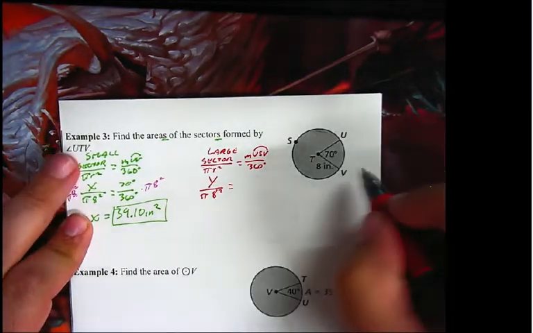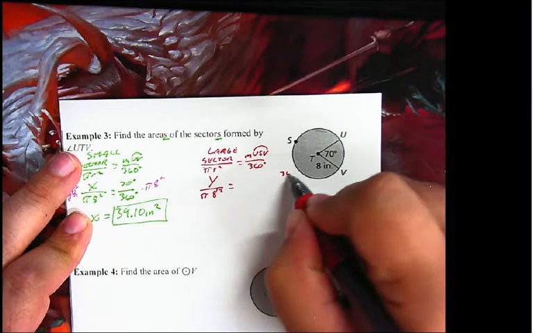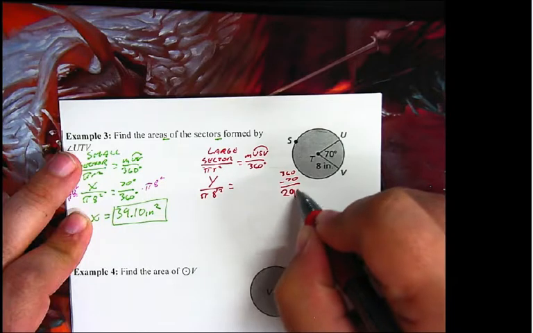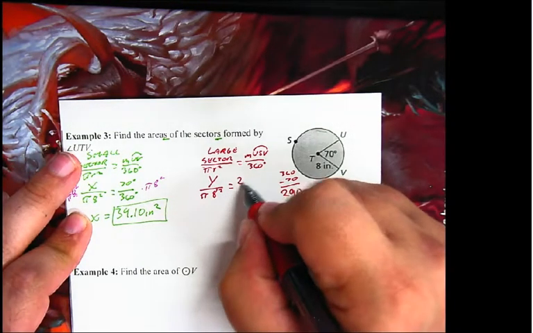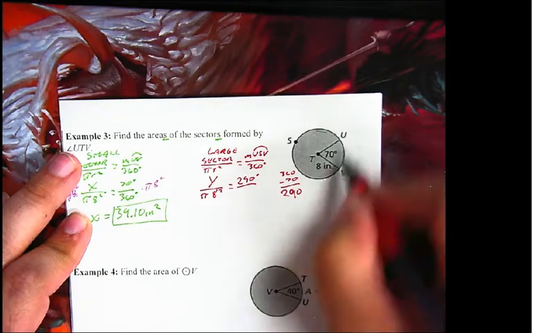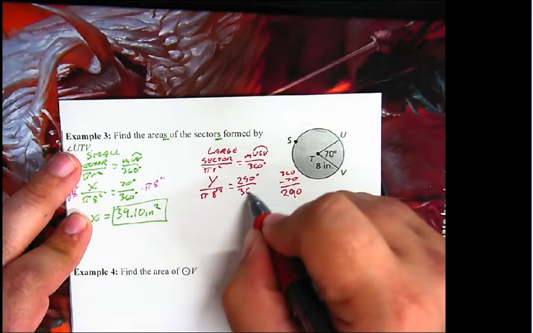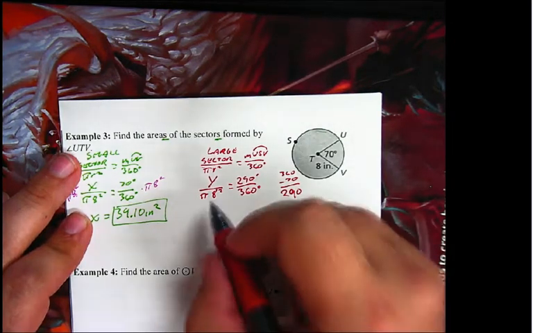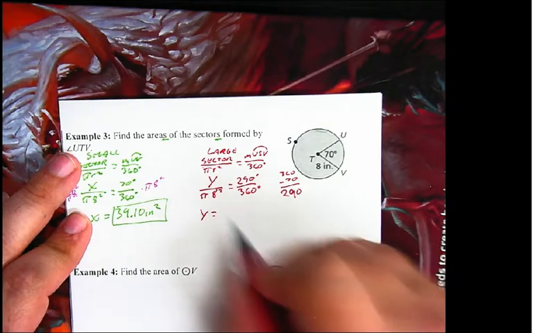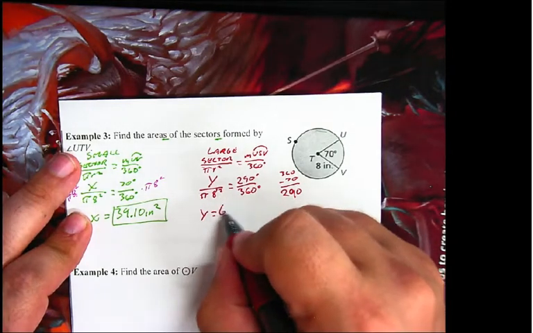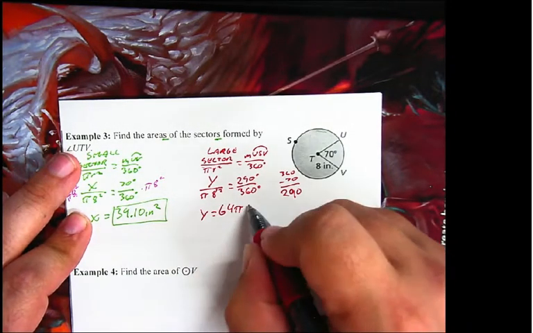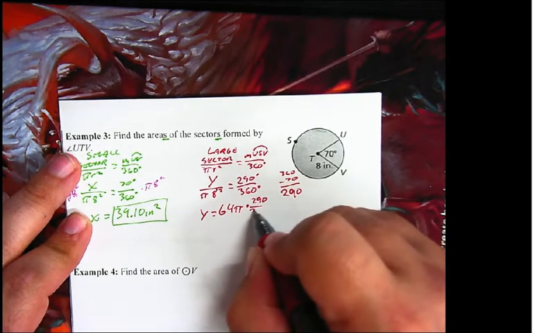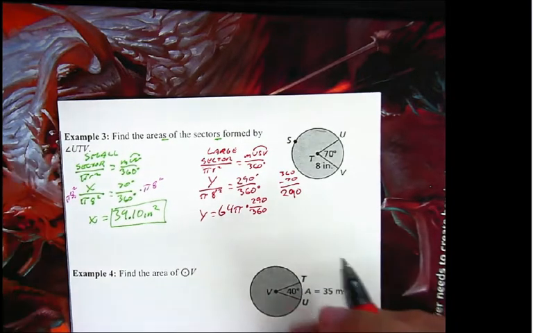I know that to be 70, so I can just subtract them. So 360 minus 70 equals 290 degrees. So 290 degrees over the measure of the entire circle, which is 360 degrees. Again, multiply by that, get it by itself. So y equals, well, 8 squared is 64. So 64 pi times 290 over 360.